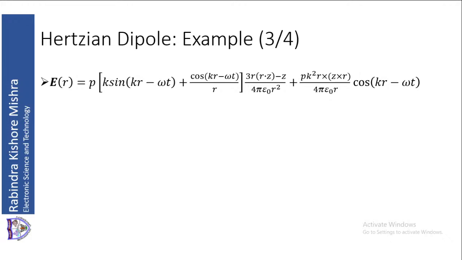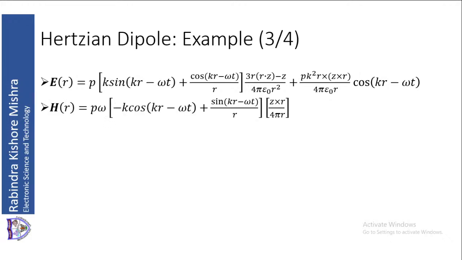So this is the expression for E(r). Similarly, the expression for H(r) will be p omega into (minus k cos(kr minus omega t) plus sin(kr minus omega t)) by r into (z cross r) by 4 pi r.